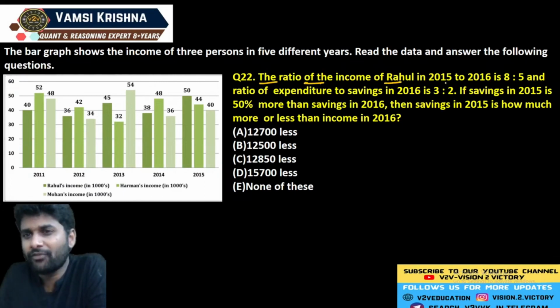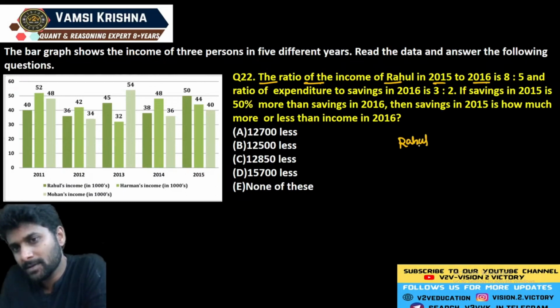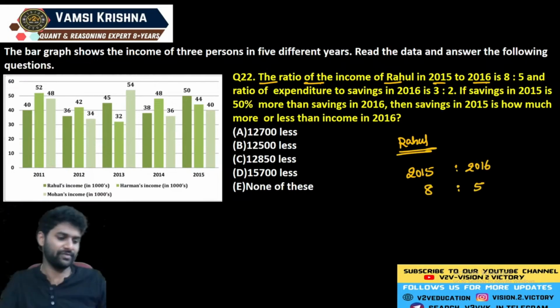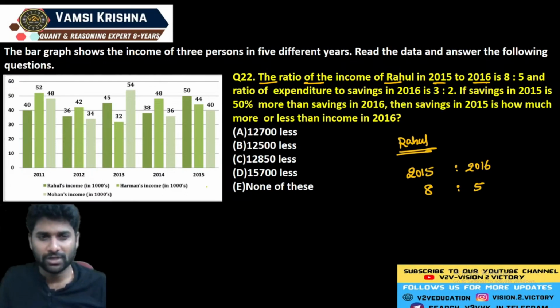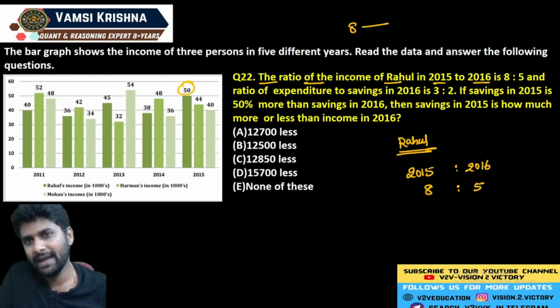The ratio of income of Rahul in 2015 and 2016. Rahul, income in 2015 and 2016. It is in the ratio of 8 is to 5. So that is one of the variable we have. And you already know that the Rahul's income in 2015 is 50,000. Now 8 units become 50,000.